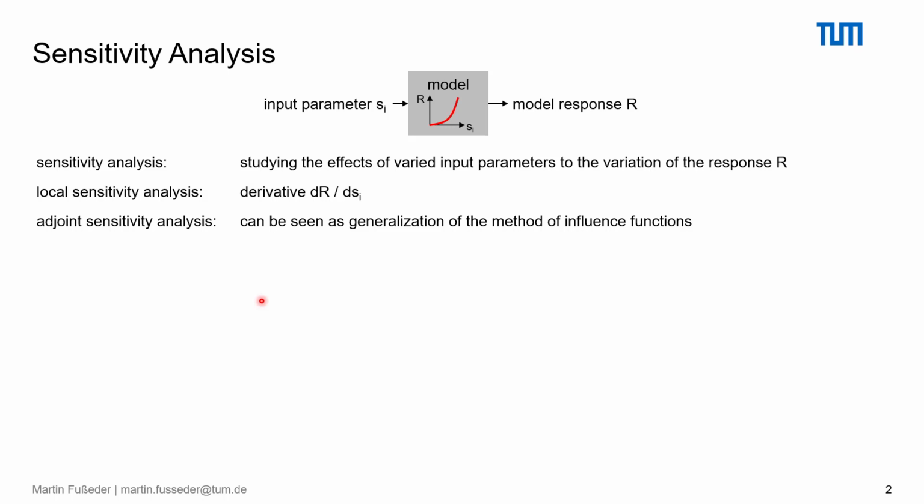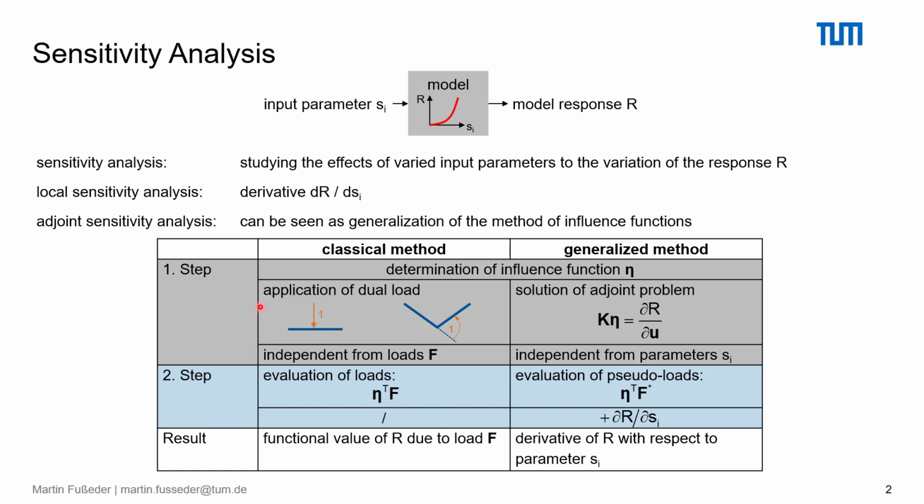This issue is discussed in more detail in the paper. The method of influence function is a very traditional and well-known tool in structural engineering. Here in this table, we compare this classical approach with the generalized approach based on adjoint sensitivity analysis.